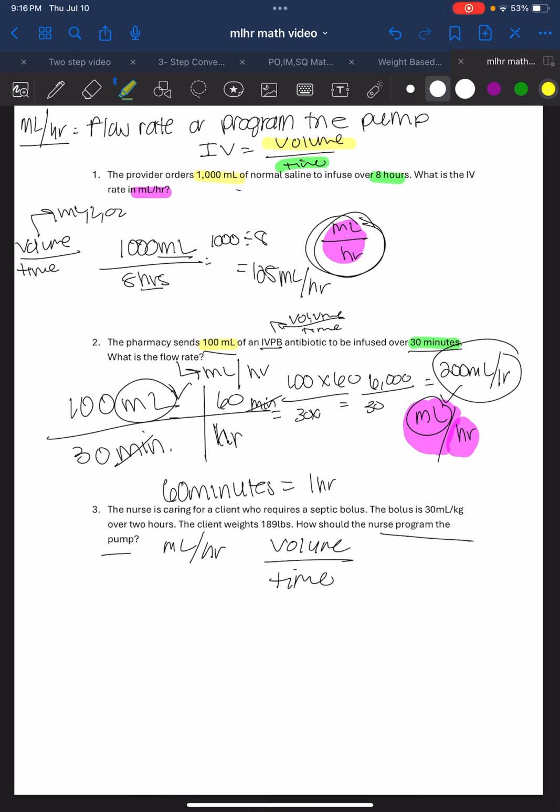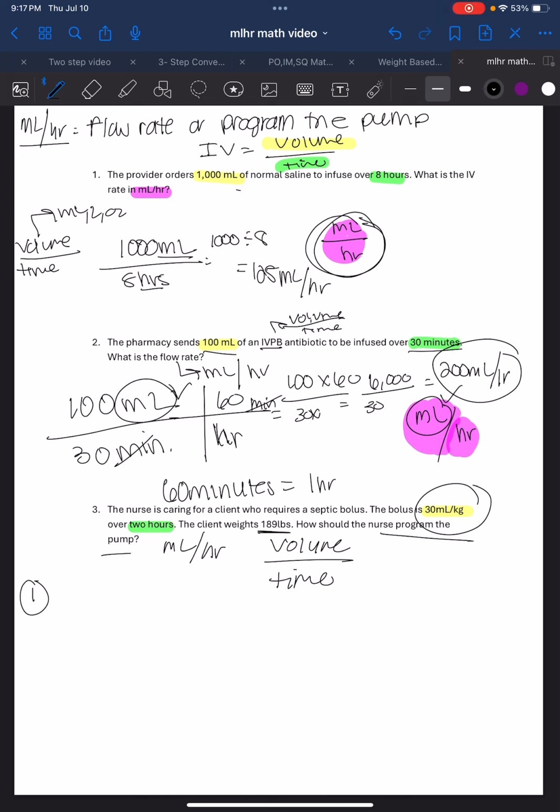The bolus is 30 mLs per kilogram over 2 hours. That's not an exact volume, so our time is 2 hours but we don't have a volume. The patient weighs 189 pounds. So the first thing we have to do is figure out our volume. This is a weight-based problem that we set up like you have previously done.